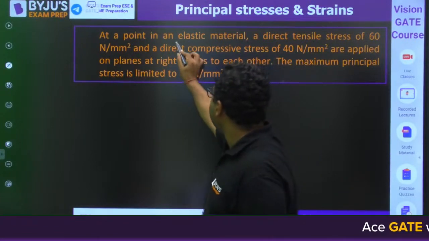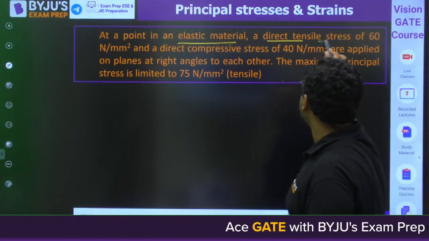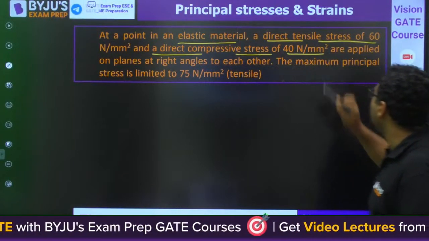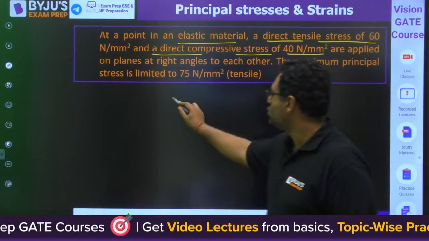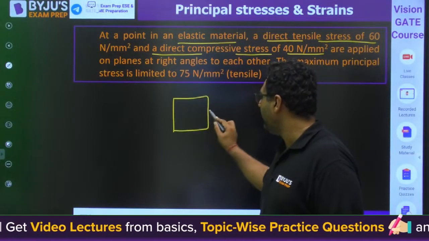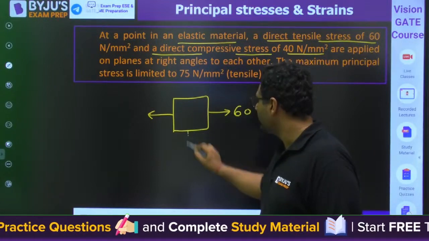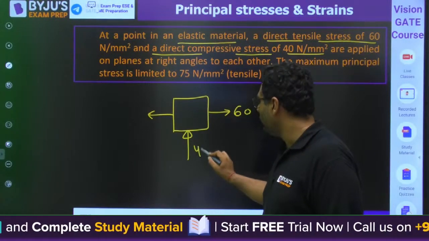At a point in an elastic material, a direct tensile stress of 60 and a direct compressive stress of 40 are applied. So they are saying there is a plane. This is having 60. This is having 40.